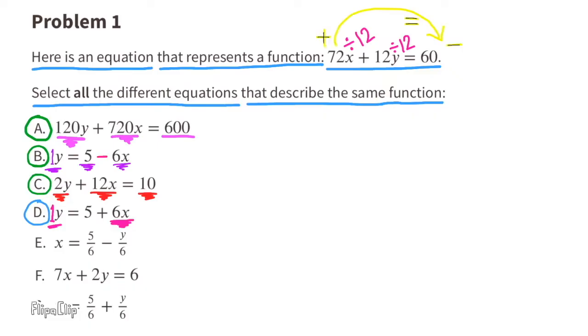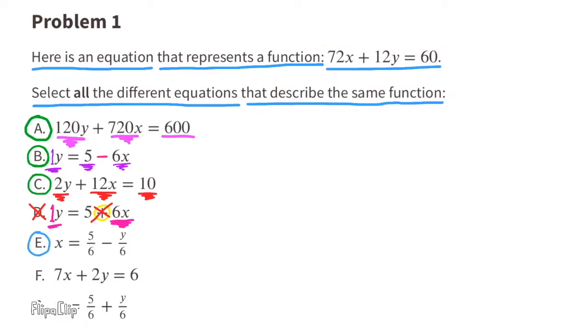However, if we were to subtract 6x from both sides, it would end up as a negative 6x on the right-hand side of the equal sign. D says it's a positive 6x, but it should be a negative 6x. So D does not follow the same function as the original equation.